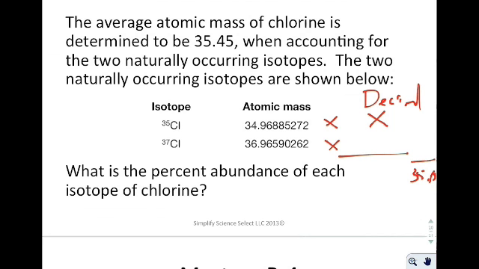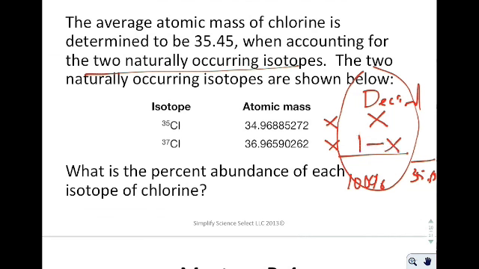Now, the advantage of this is, what is the total percentage of these 2 isotopes? It says these are the only 2 naturally occurring isotopes. So together, these things have to add up to 100%, or 1, whenever you look at it in decimal form. So I can reference this as 1 minus x. So now I can multiply it across.